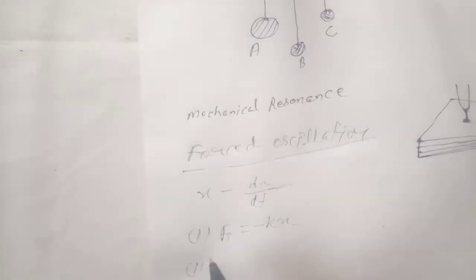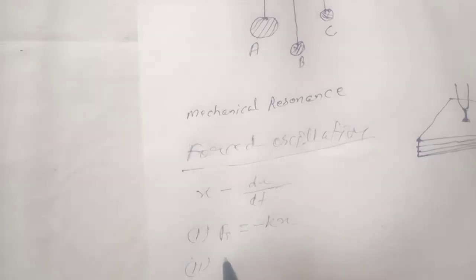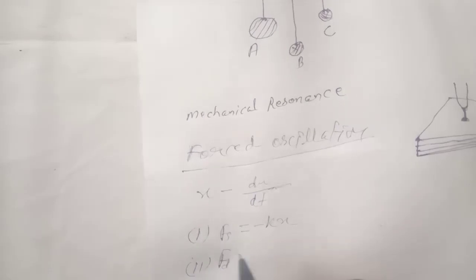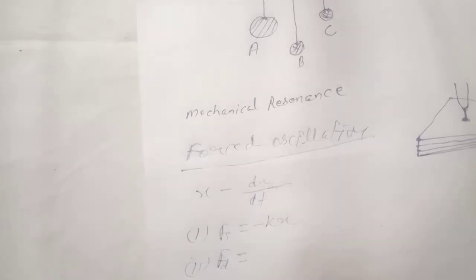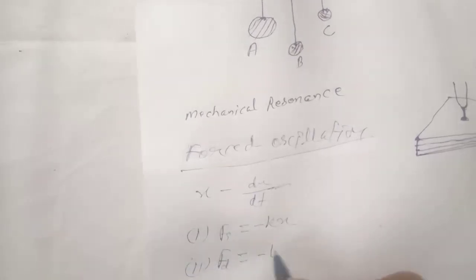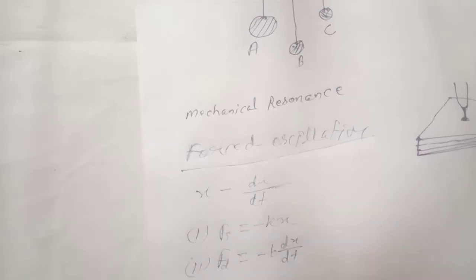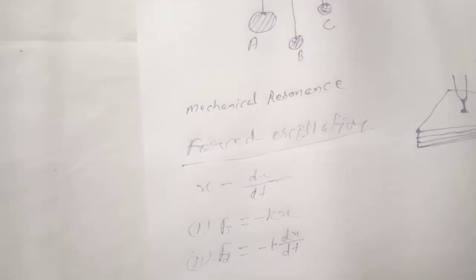Second, a frictional or damping force proportional to the velocity but acting in the opposite direction, and this can be written as Fd equals minus B dx by dt, because it is proportional to velocity.